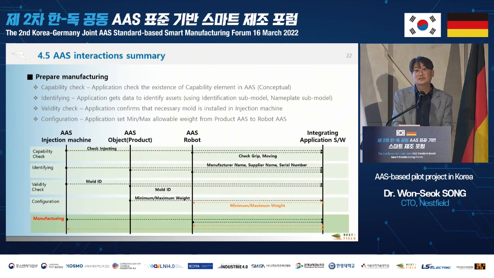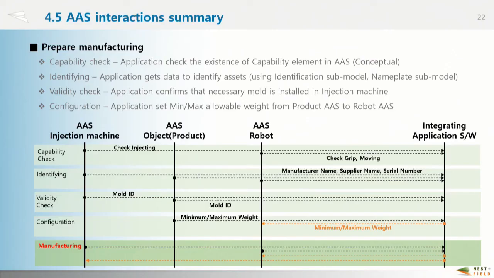This is the scenario. Capability check means how capable this machine is. This has not been implemented yet, but it is going to be really important. That's why I want to tell you about capability check. Before making the integration between the two, you need to check whether the other machine can actually do the behavior that you expect it to do.